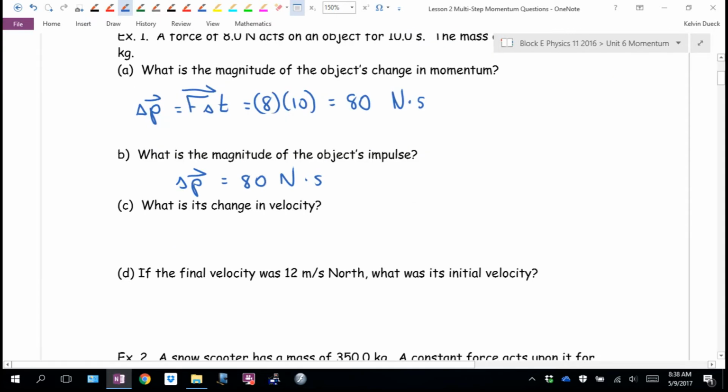What does part C want me to find? Change in velocity. What did I find in part B and part A? Impulse. I wonder if I have another version of impulse that has a change in velocity in it. I think I do from the green sheet. I think one of the ways I also wrote it was m delta v. Okay, how would I get the change in velocity by itself?